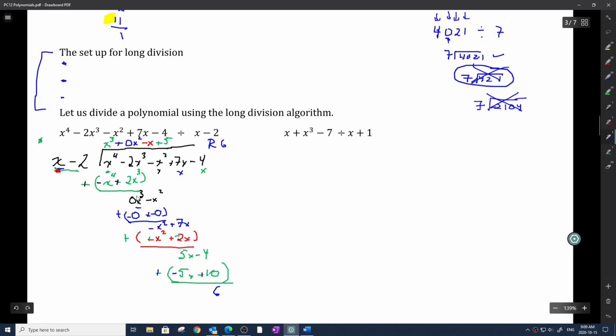The setup for long division: terms in divisor and dividend must be in descending order of degree.